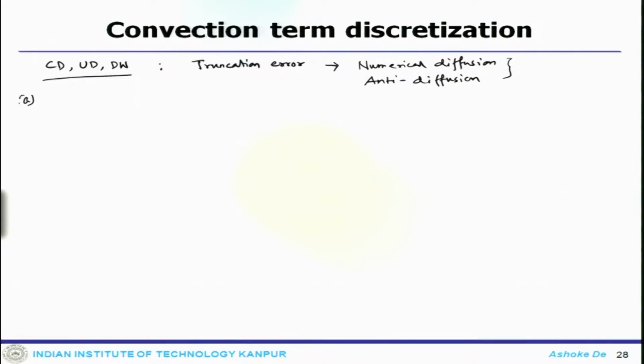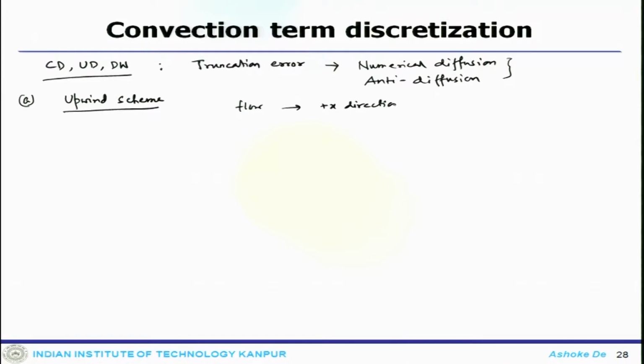So, to start with, we will start with the upwind scheme. So, the upwind scheme, let us say the flow is in the positive x direction. So, that is the convention that we take into account.